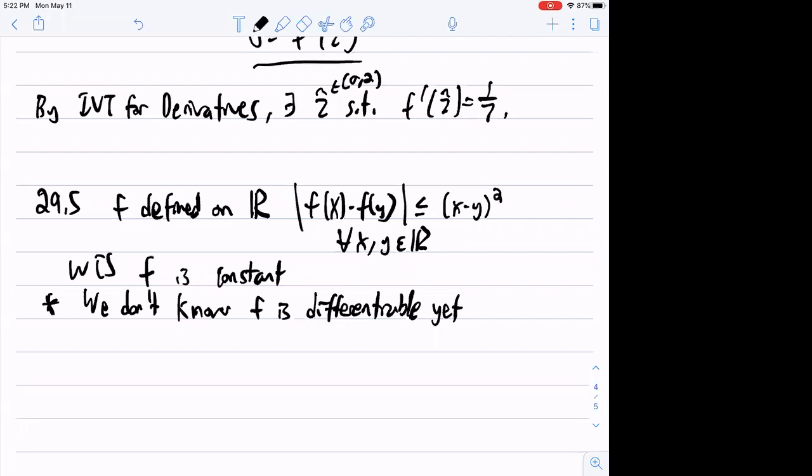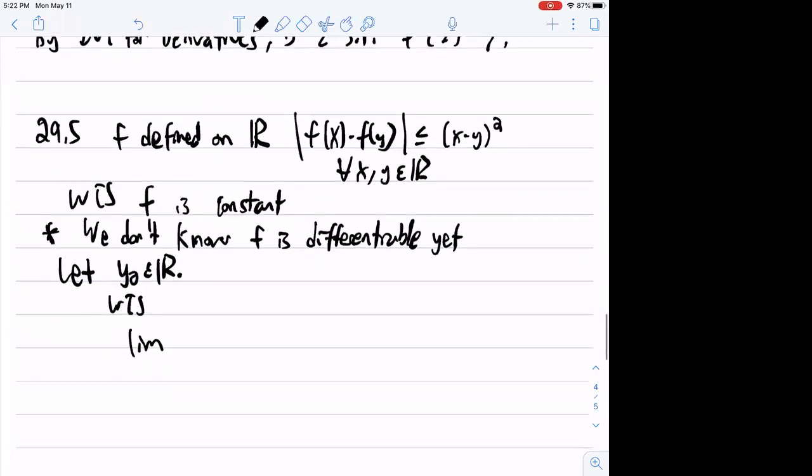So what we're going to do is let y naught be in R. So y naught is any point in R, right? What's the definition to show it's differentiable at y naught? We want to show this limit exists, right? The limit as x goes to y naught of |f(x) - f(y naught)| over |x - y naught|.